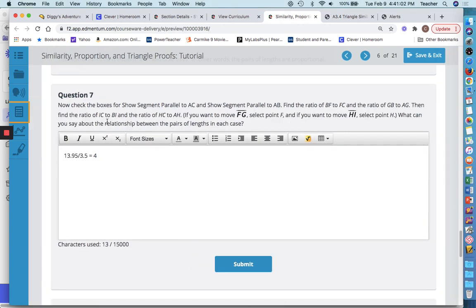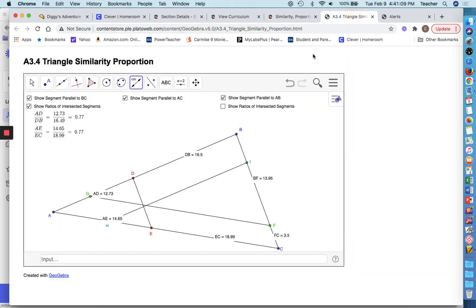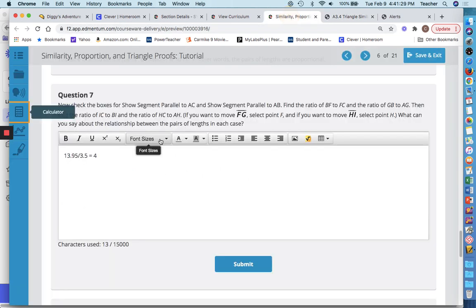Now I've got to find GB to AG. GB was 23.36, AG is 5.86.